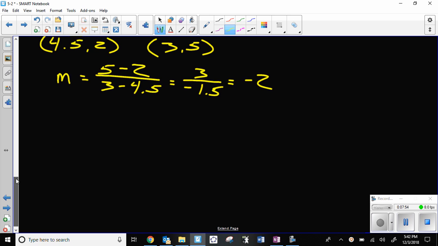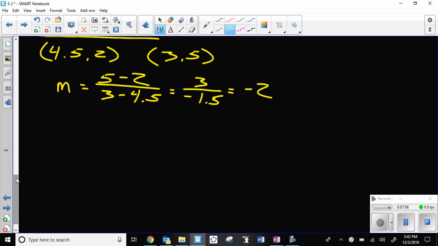Again, I need point slope form because I don't have a y-intercept. I don't have 0, comma anything. So we're going to go y minus 5. I'm going to use this point, 3, comma 5. So y minus 5 equals negative 2, x minus 3.